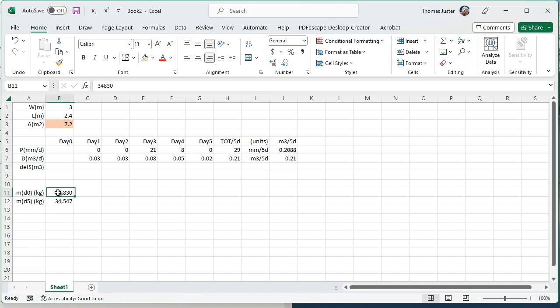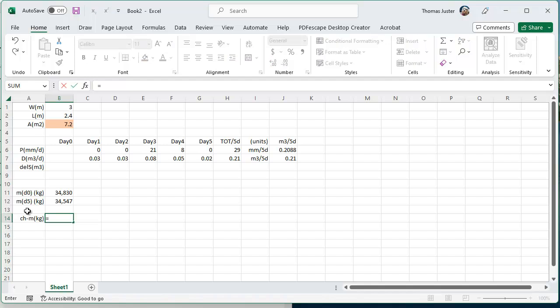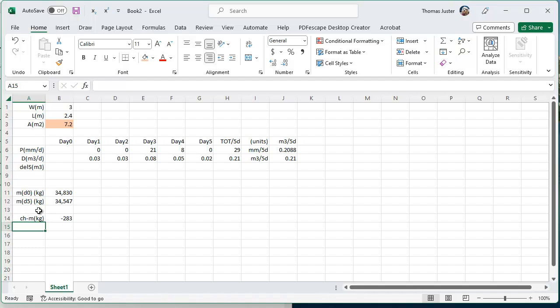So if my initial weight was 34,830 kilograms and our final mass was 34,547 kilograms, I'll call it the change in mass in kilograms over 5 days, I can remember that, right? It's going to equal B12 minus B11, and it's negative, right? It lost 283 kilograms of water.